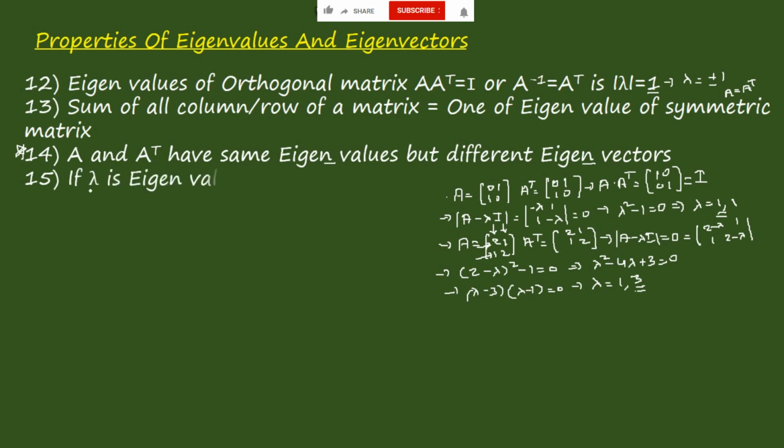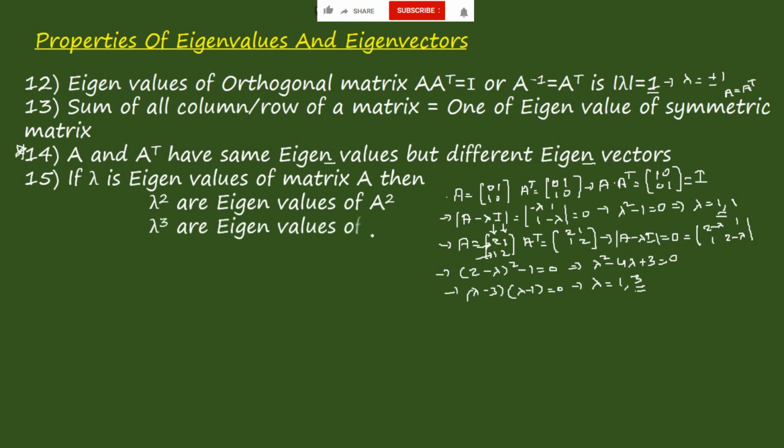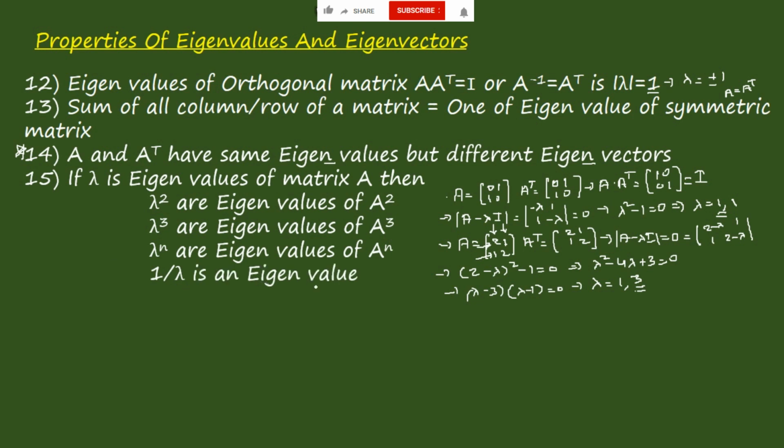If lambda is an eigenvalue of a matrix A, then lambda square is an eigenvalue of A square, lambda cube is an eigenvalue of A cube, and lambda power n is an eigenvalue of A power n. And 1 by lambda is an eigenvalue of A inverse, and determinant of A by lambda is an eigenvalue of the adjoint of A. It's very important, this one. Okay, and come to the next one.